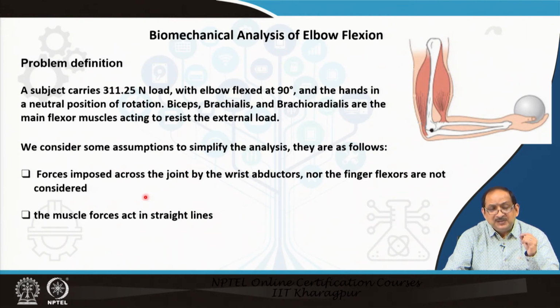The first assumption is that the forces imposed across the joint by the wrist abductors or the finger flexors, the muscles of the wrist or the finger flexors, are not considered in the analysis. It is purely based on the muscles of the elbow. Now, the muscle forces that are acting on the elbow and considered in this analysis are assumed to act in straight lines.